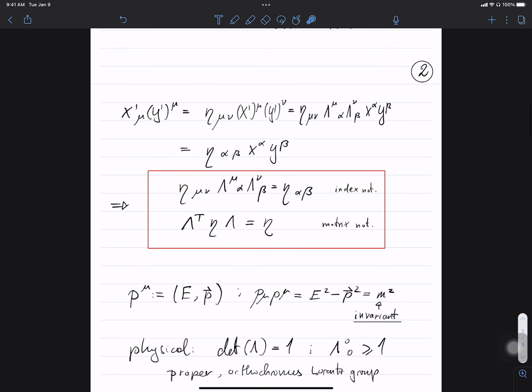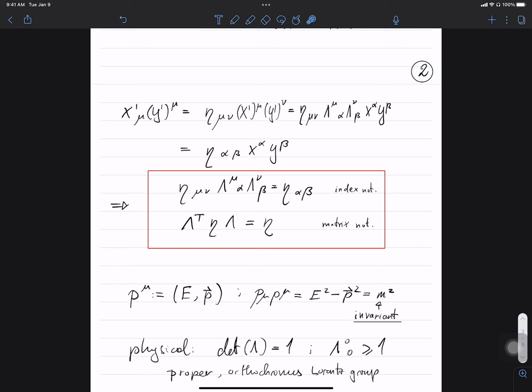And then just comparing the sides of the equation shows us that this expression on this side has to be equal just to this metric tensor eta alpha beta, because it cannot be anything else in order for this equation to hold. Yeah?